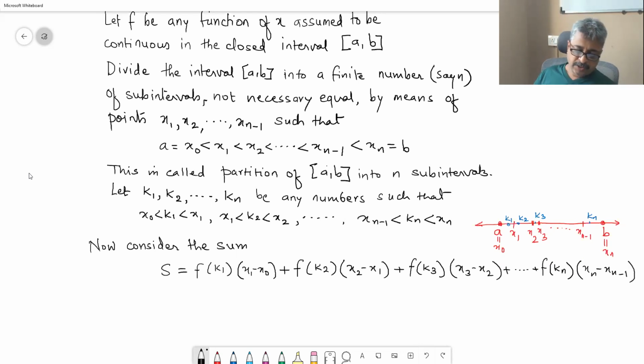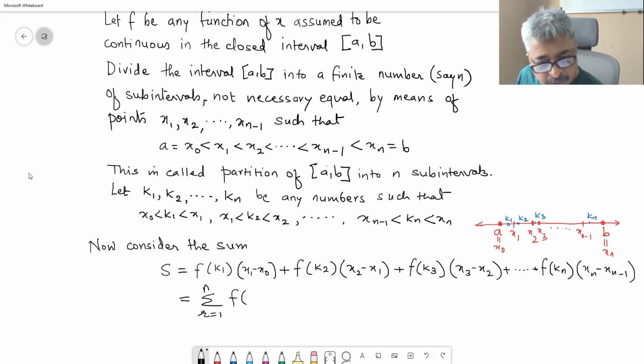Suppose we consider this sum, which in sigma notation we can write as sigma r goes from 1 to n of f of kr into xr minus xr minus 1.